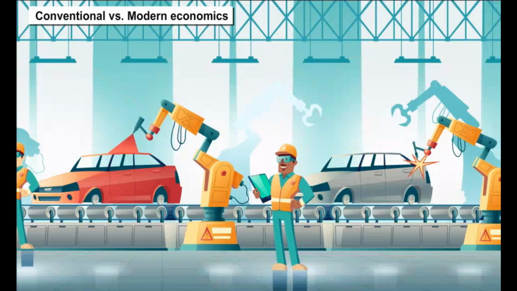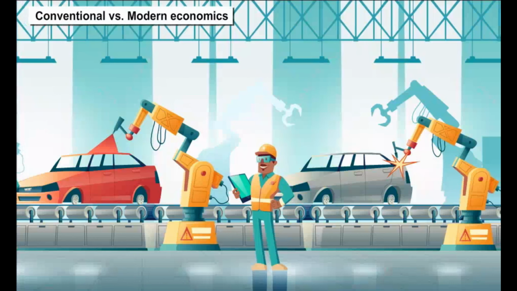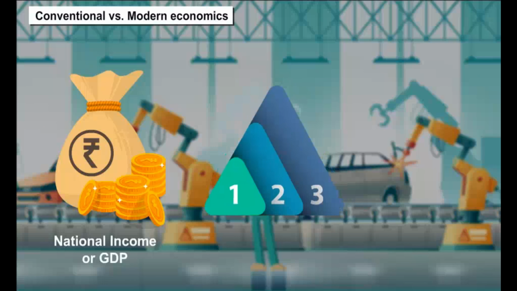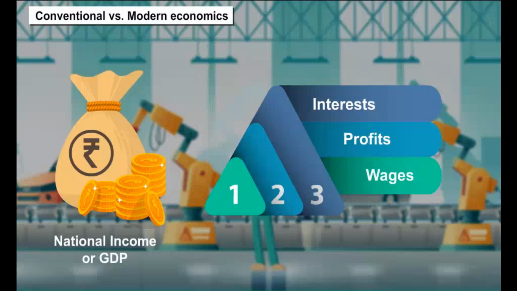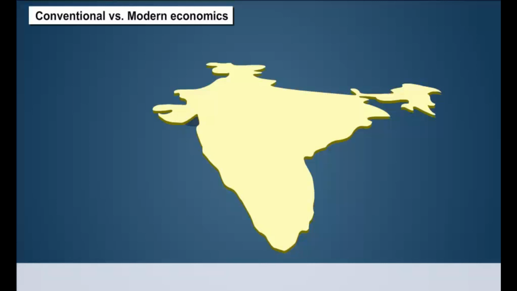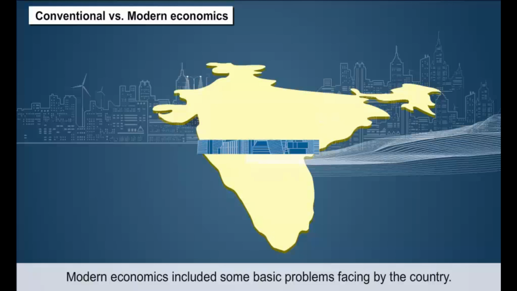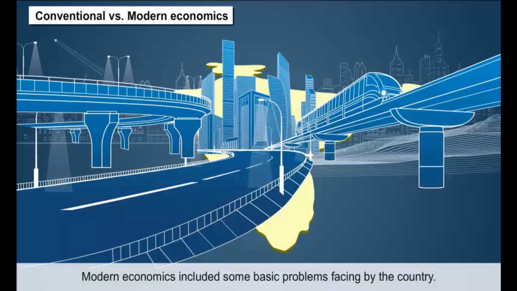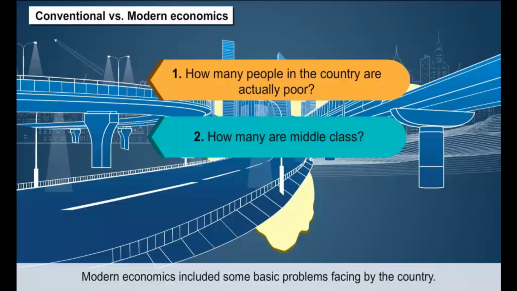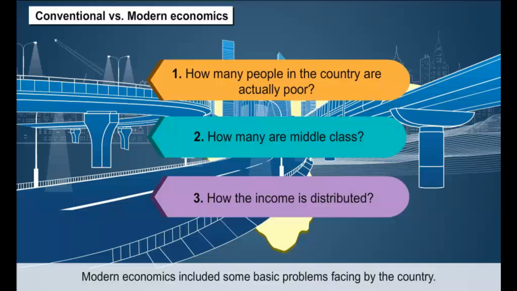The study of distribution helps us to know how the national income or GDP is distributed as wages, profits and interest. Modern economics. Modern economics includes some basic problems faced by the country, like how many people in the country are actually poor, how many are middle class, and how the income is distributed.